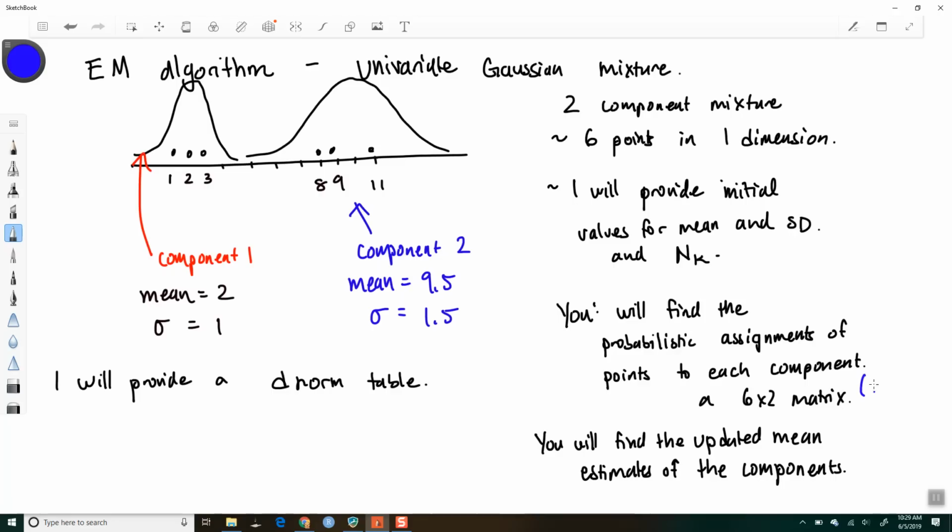Am I giving away too much by writing this? Basically a Bayes classifier. And then updated mean estimates of the components. This is kind of the M step in EM algorithm.